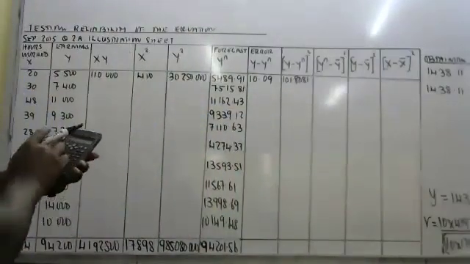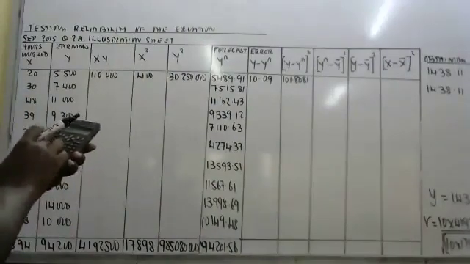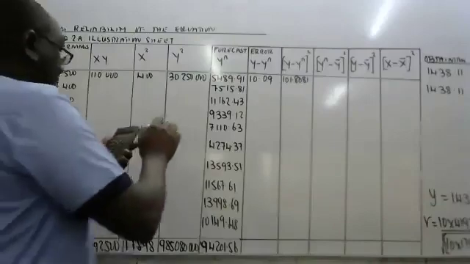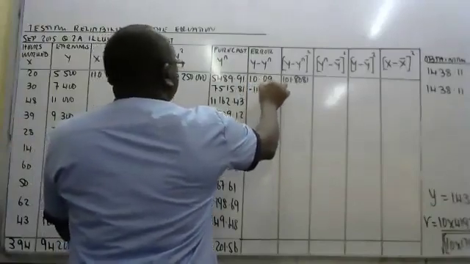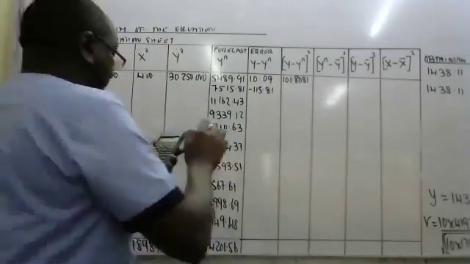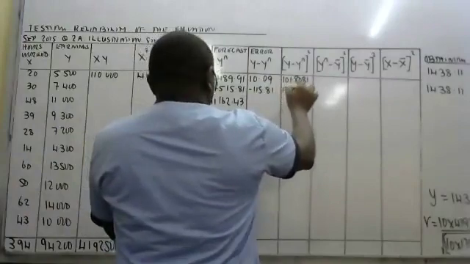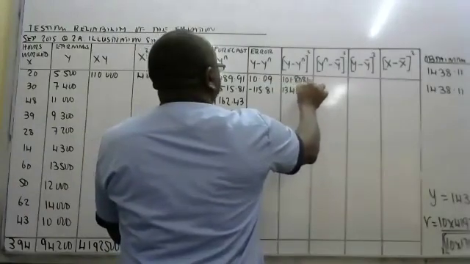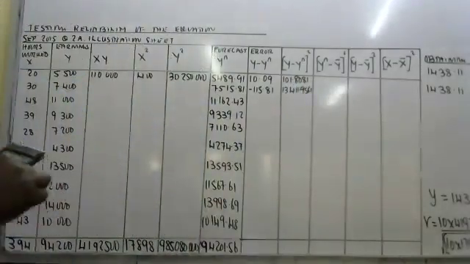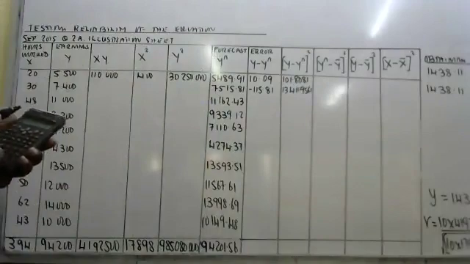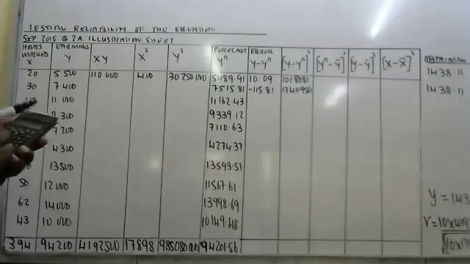Go to the other one and say 7400 minus 7515.81 is negative 115.81. You square that and get 13,411.9561. Go to the other one and say 11,000 minus 11,162.43.